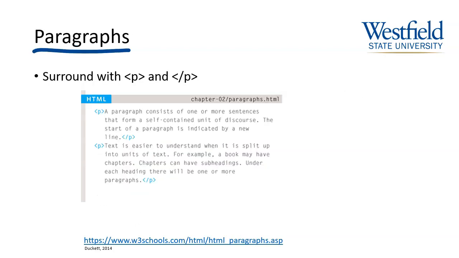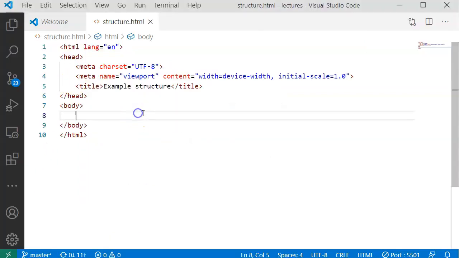And for text that's not a heading, you can surround the text using the paragraph mark, which is just P. Or if you have an empty paragraph, you can just use an empty P tag, which we talked about earlier.